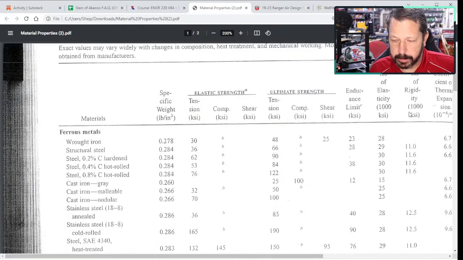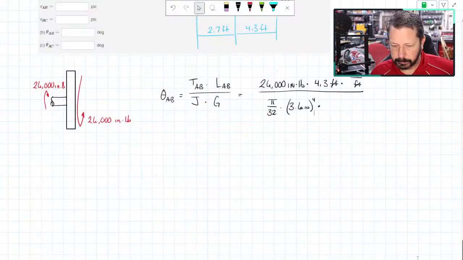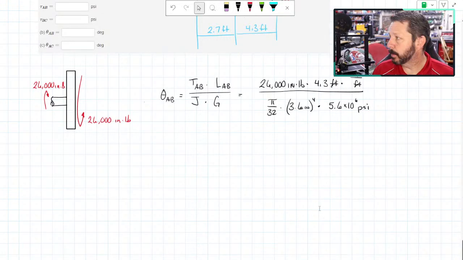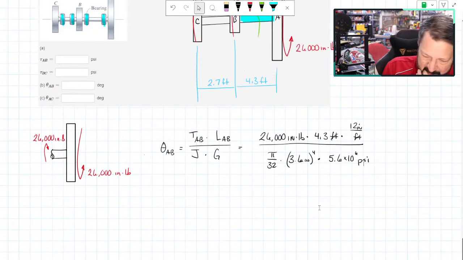Those units are 1,000 KSI, so 5.6 times 10 to the 6th PSI. All right, so let's calculate that.